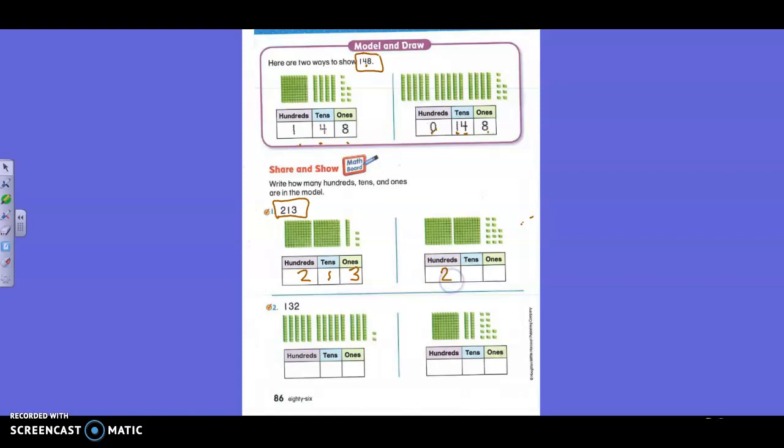How many 10s? 0. And how many 1s? 13 1s. Okay, now I know there's a 0 in there, but if you were to take that 0 out, you'd have 213. It's the same. It's just a different way to make it. That's all this is, okay?